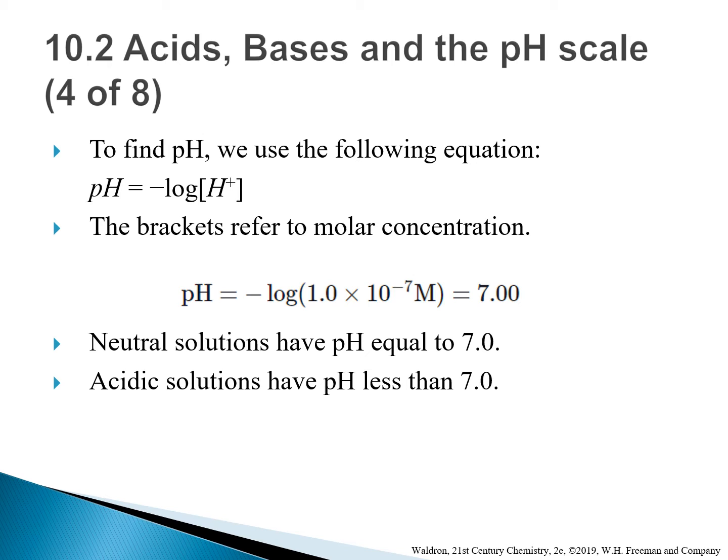We start with the molar concentration of protons in it. Given that it is 1.0 times 10 to the minus 7 molar, the pH is calculated as the negative log of 1.0 times 10 to the minus 7 molar. Once you punch this into the calculator, you will get pH equal to 7 for pure water.